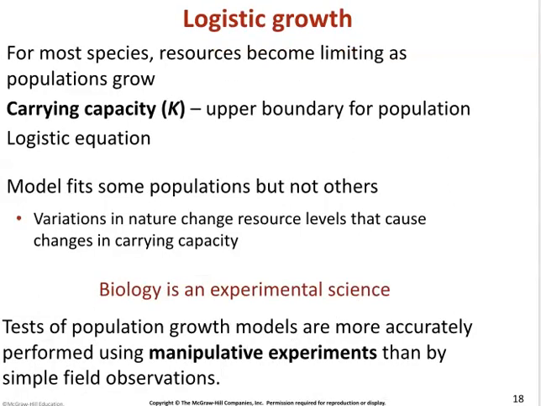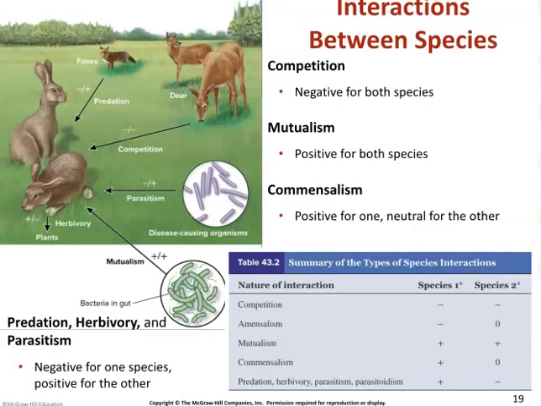So this model will fit most populations, but some it won't. Biology is totally an experimental science, and so as we manipulate things, we see whether or not it fits into the logistic growth curve or not. Some species have limiting resources, like food, like habitat, and other things do not. We can perform experiments and manipulate our data to determine what the carrying capacity would be.